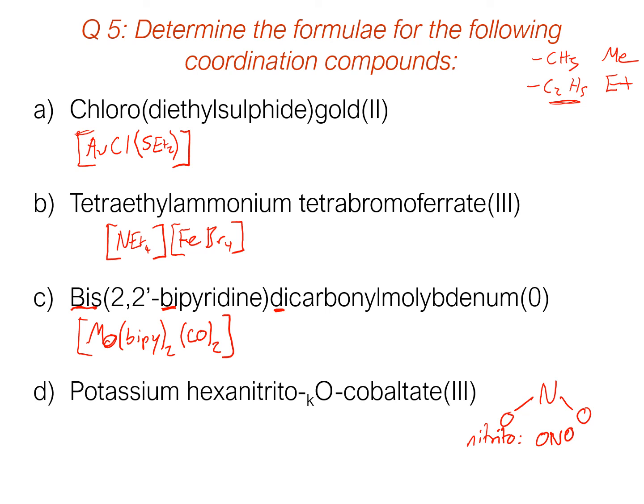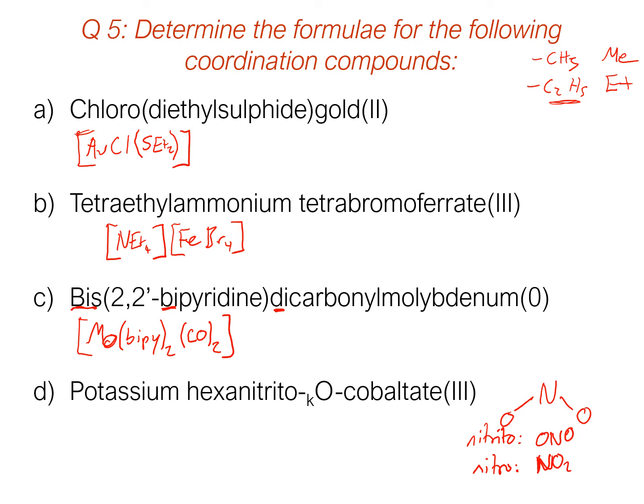And that's nitrito, as we got in this example. You can also get it where the nitrogen's the donor atom. And in that case, the ligand is called nitro, and the formula is NO2, highlighting the fact that the nitrogen is the donor atom this time. So be aware of that when you're writing out the formula.